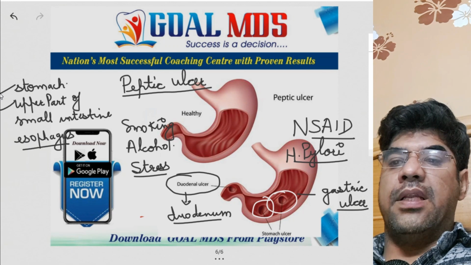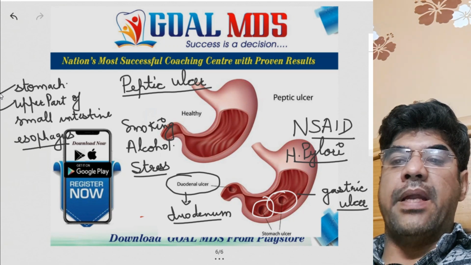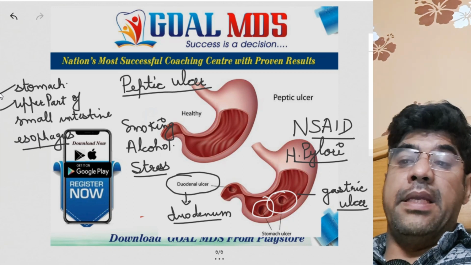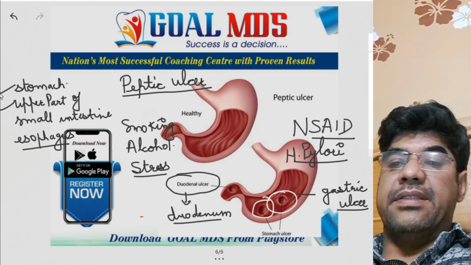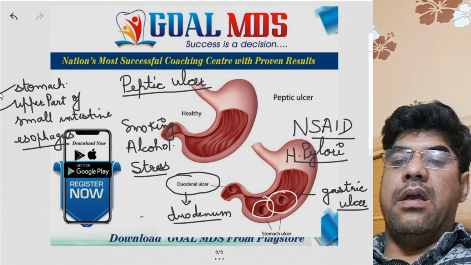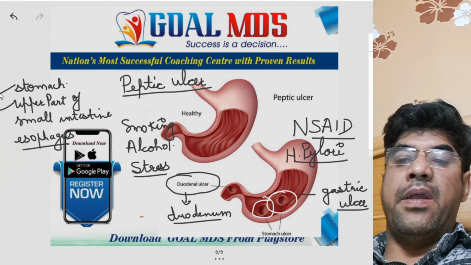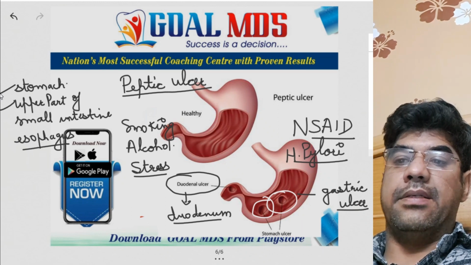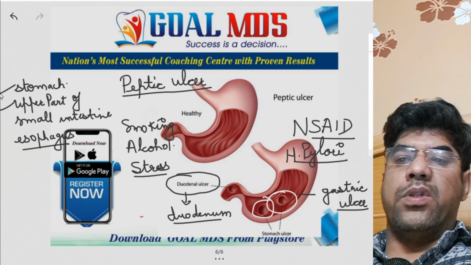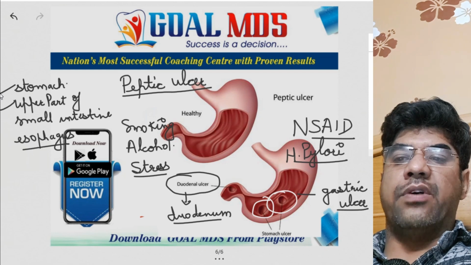In contrast, duodenal ulcers tend to cause pain in the upper abdomen that may be relieved by eating or taking antacids. The pain may occur a few hours after eating and may also wake a person at night. So both peptic and duodenal ulcers are caused by bacterial infection with H. pylori and the use of NSAIDs.